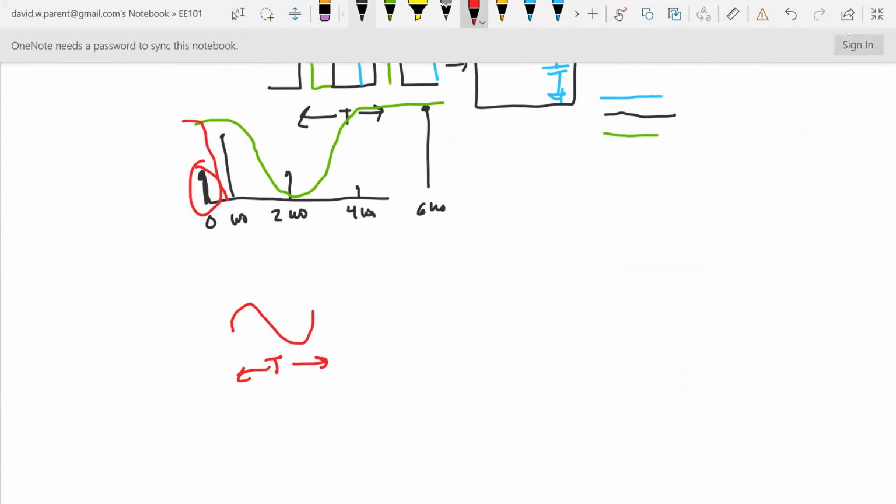I take the absolute value of that, right? Now it's repeated every T divided by 2, or the frequency doubled. So if I take the absolute value of a 60 hertz sine wave, I should get something with 120 hertz, at least at one frequency. Okay?